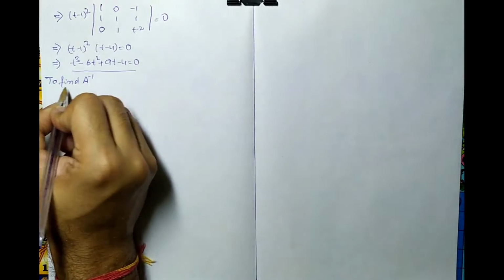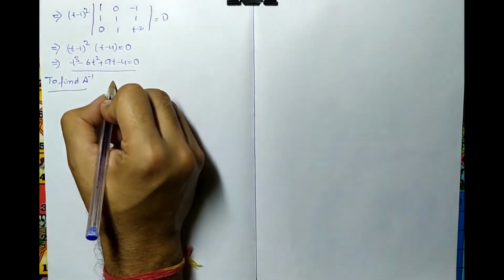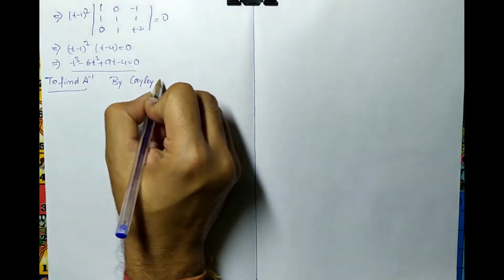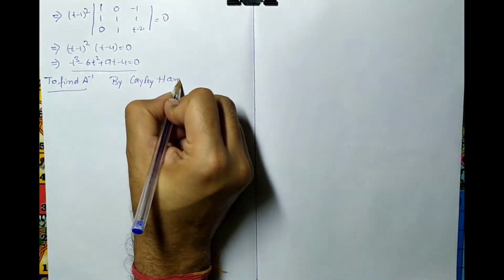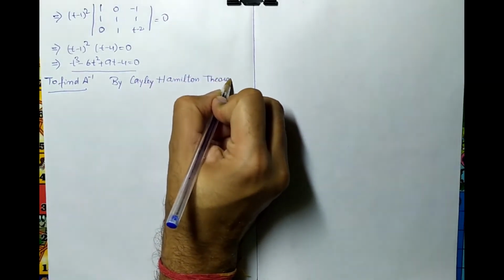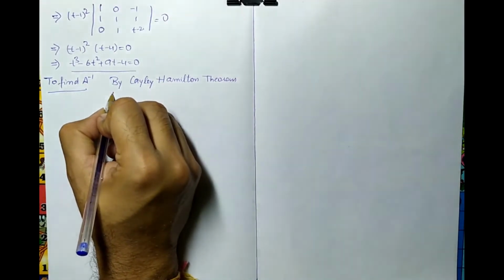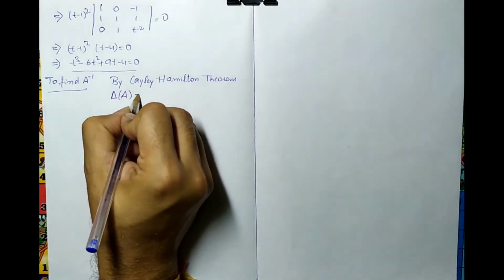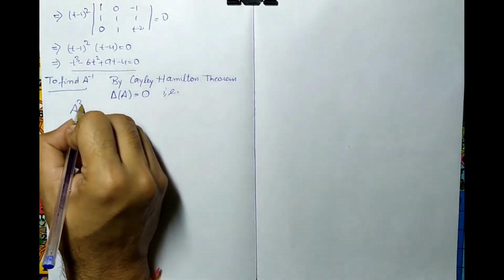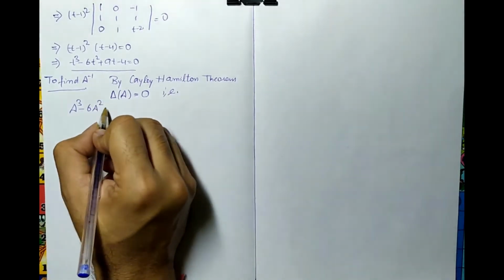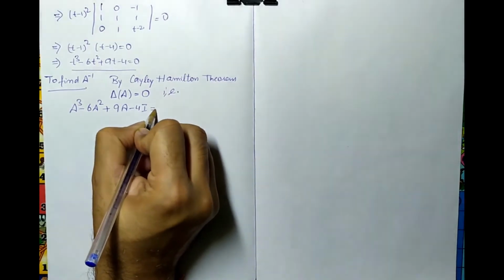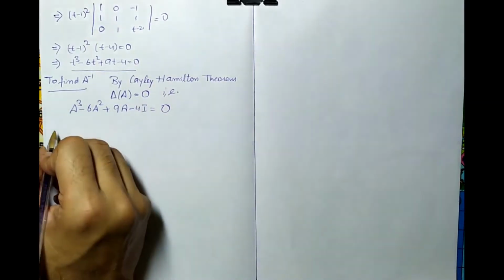To find A inverse we use the Cayley Hamilton theorem. That is, delta of A equal to 0, which further implies A cube minus 6A square plus 9A minus 4I equal to the zero matrix.